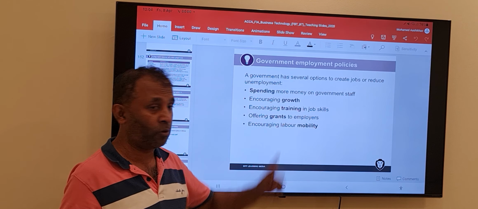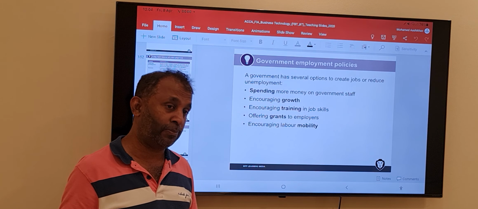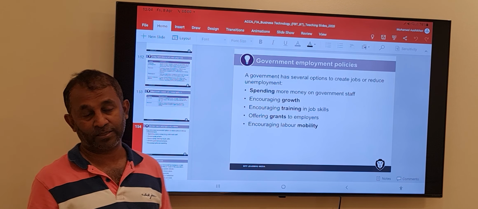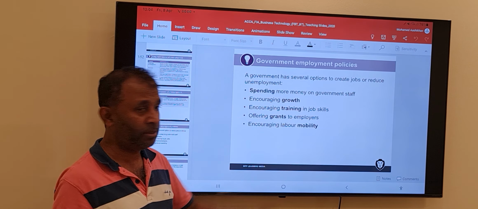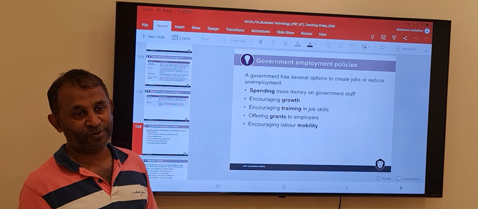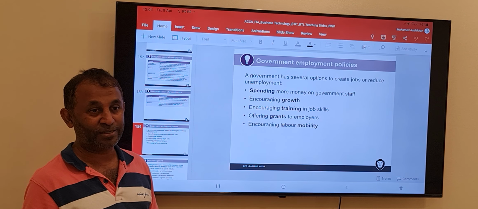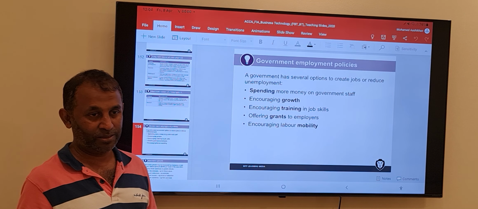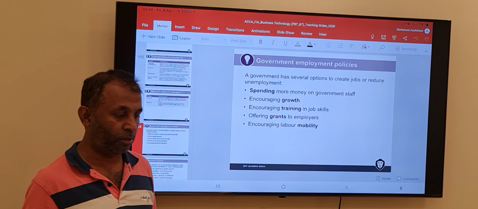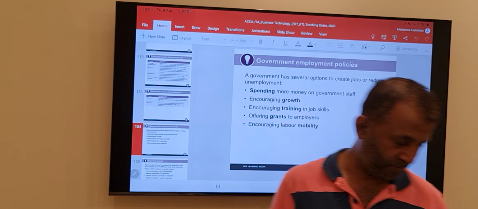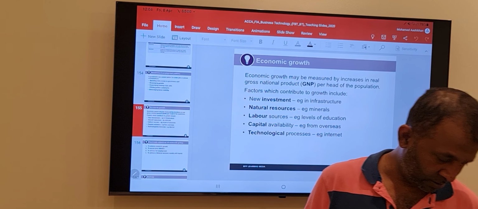Offering grants to employers: when you hire people, we give you different offers, tax benefits and so on. Encouraging labor mobility, like in the Middle East, a release system. There's no more NOC, you can change jobs. So these are some government implications.